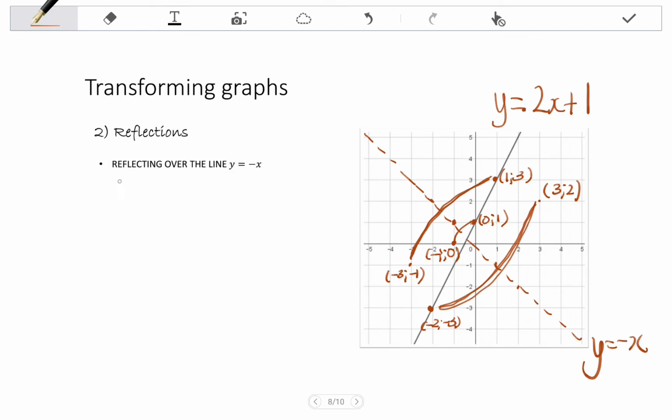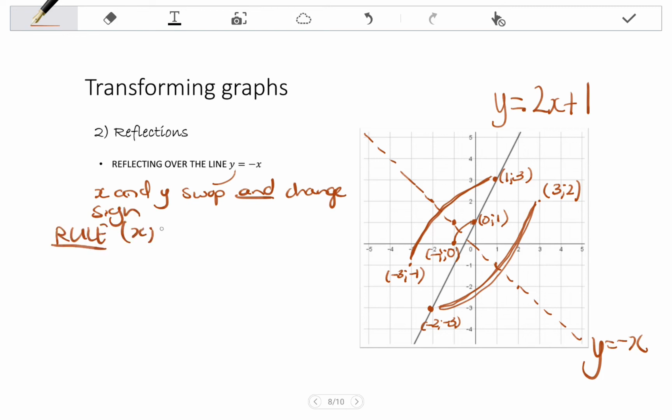So when we reflect over the line y equals x, x and y swap and change sign. So if I were to write a rule for this, for every coordinate, I start off with (x, y), then they swap and they change sign. So from positive to negative, positive to negative.